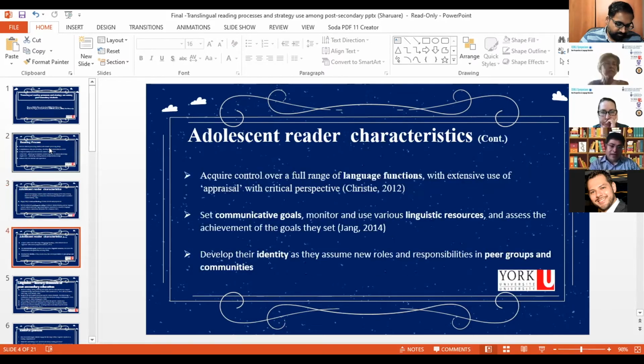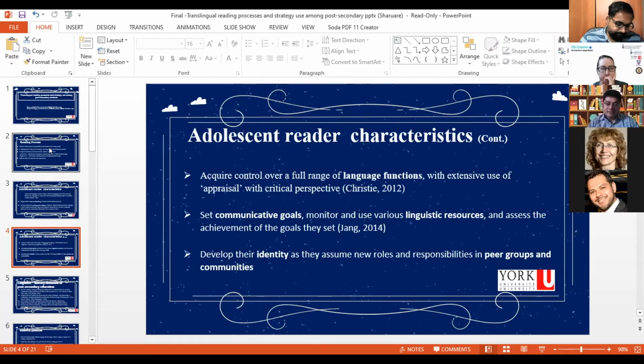They also acquire control over the full range of language functions with extensive use of appraisal with a critical perspective. They set communicative goals, monitor the use of various linguistic resources, and develop their identity as they assume new roles and responsibilities in peer groups and communities.